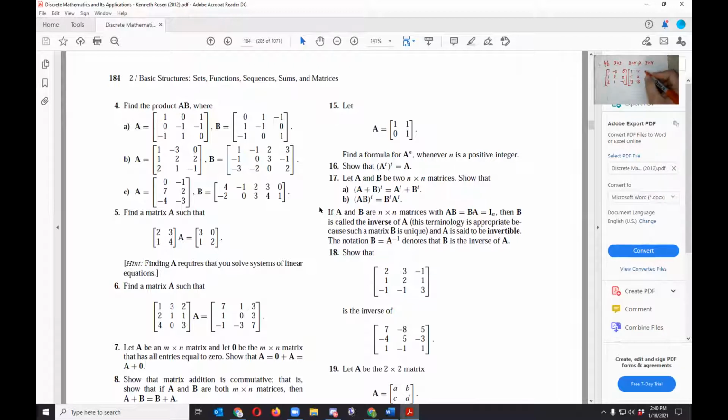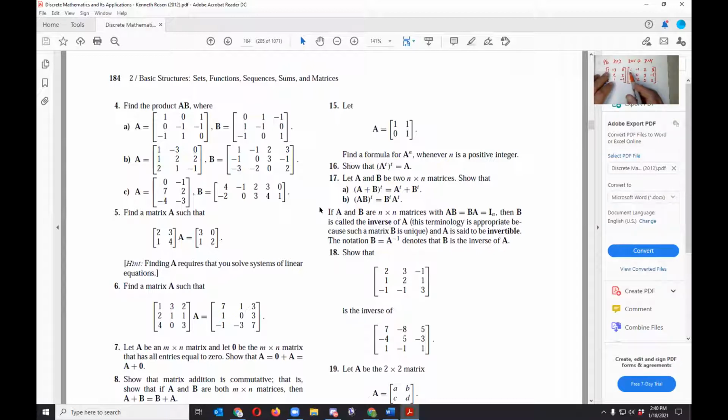And then 2, 3, 0. And 3, -1, 2. Okay, so it's going to be 3 numbers this way, 4 numbers this way. So let's get this party started.